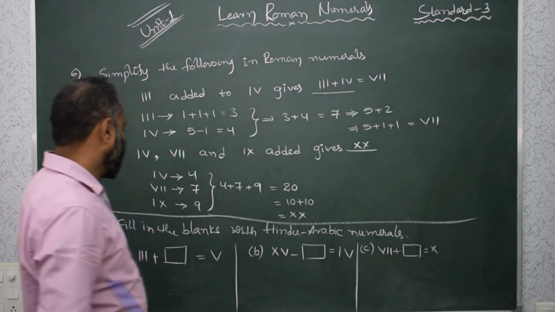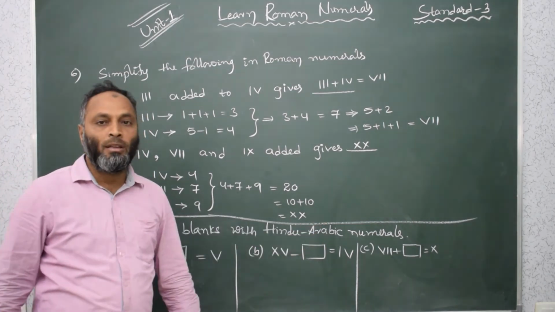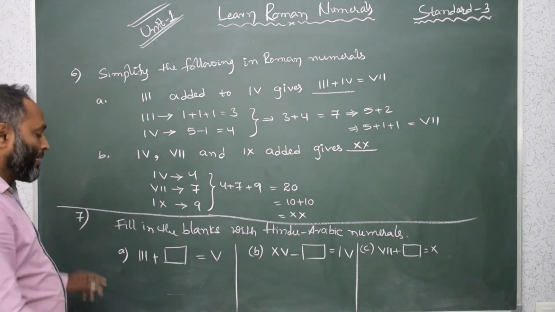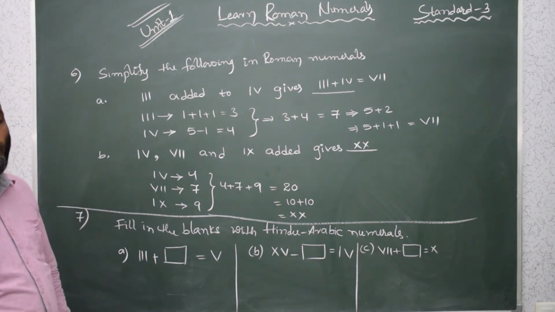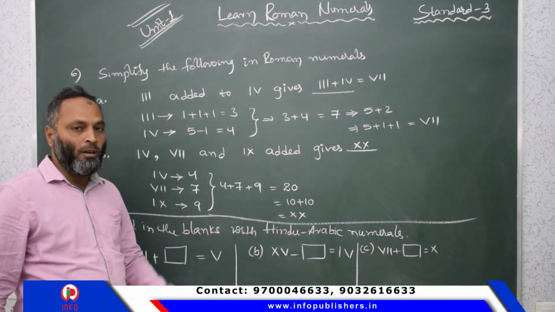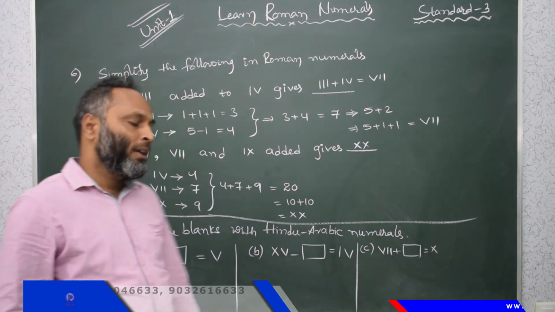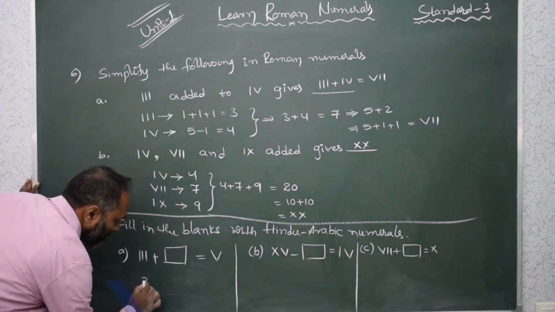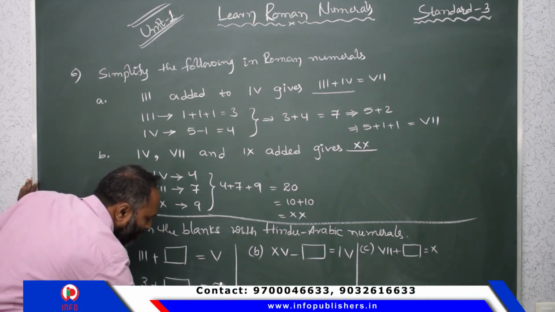In the same way, here in the blanks, what is being asked is to fill in the blanks with Hindu-Arabic numerals. In this blank we have to fill in a Hindu-Arabic numeral, not a Roman numeral. Listen here. This is 3 plus what is equal to 5?